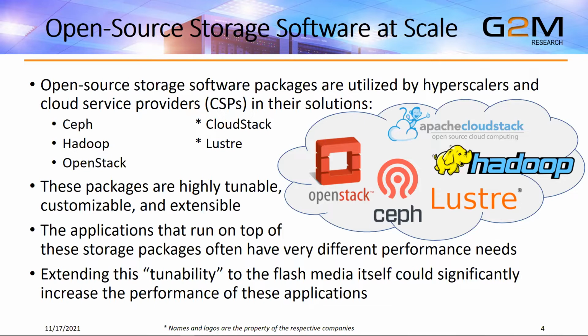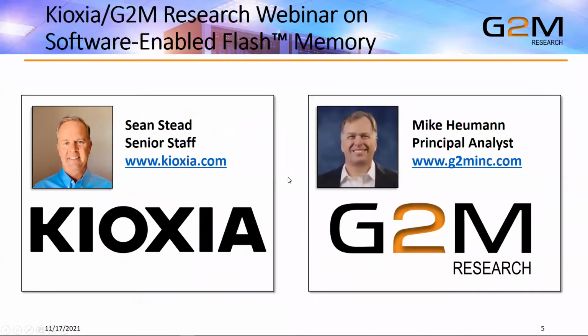So for them, being able to tune on a per application basis becomes very, very critical. And one of the things we're going to talk about today is the value of extending that tunability to the Flash media itself. Not only just speed up your application and your storage solution underneath it, but the actual hardware itself as well.